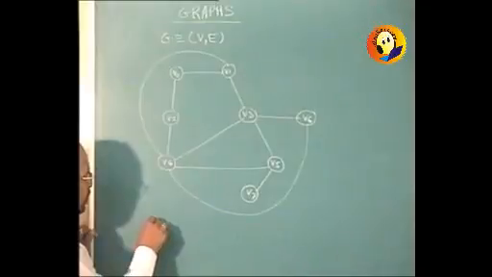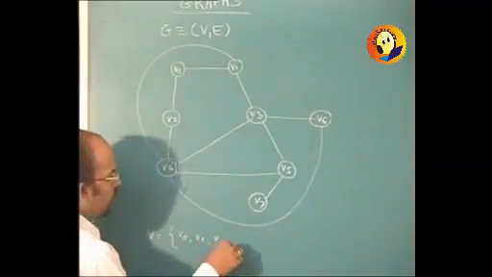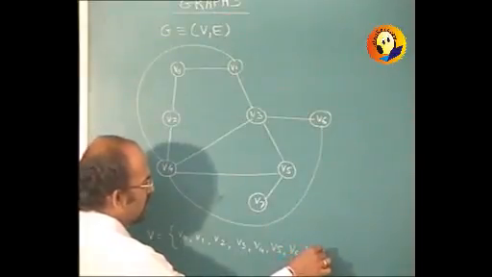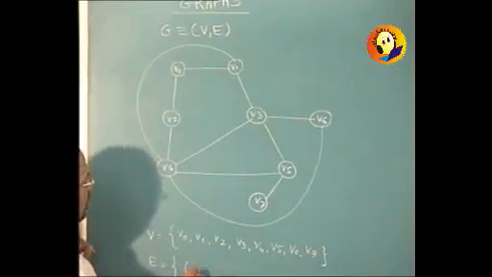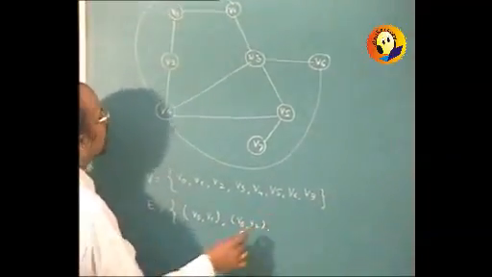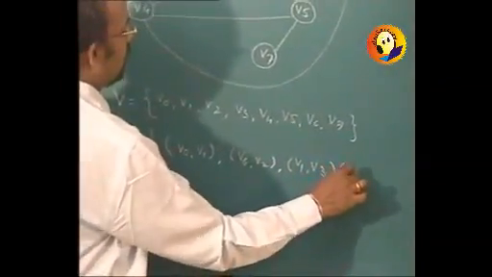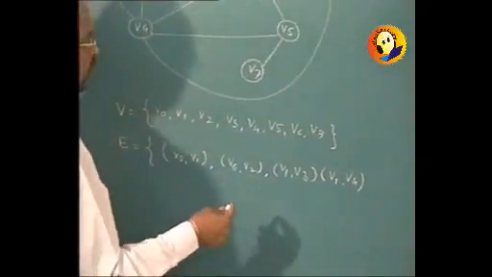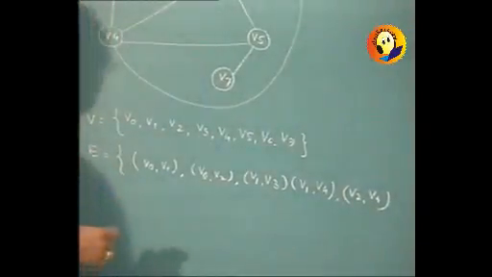First of all, let us write down the vertex set of it, which is V0, V1, V2, V3, V4, V5, V6 and V7, whereas the edge set will be V0, V1, then V0, V2. From V1 we have V1, V3, V1, V4. Then from V2 it is V2, V4. V2, V0 is already there.